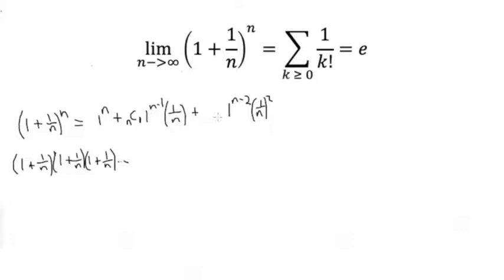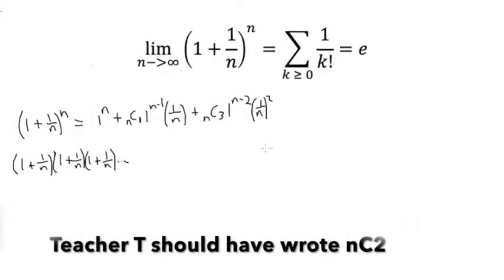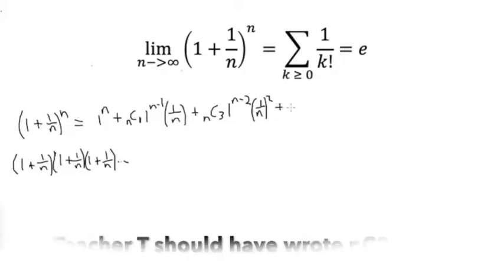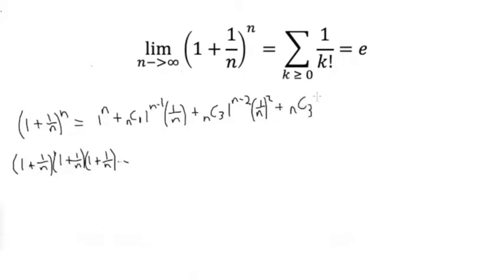Again, there's some combination that we can come up with multiplying any of the ones except for 2 of the factors, so we'll have another coefficient there called nC2. Again, we can look at the third one here, so n choose 3: 1 to the power of n minus 3 times 1 over n cubed, plus, and then on and on. This goes on, eventually to infinity.